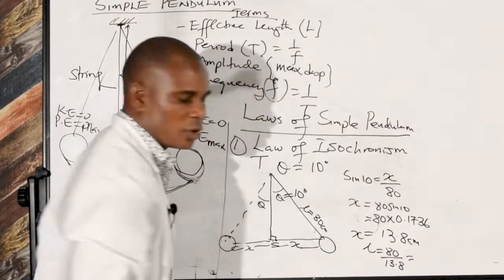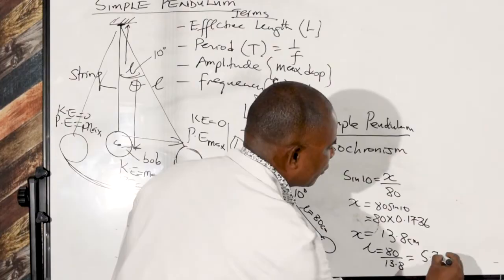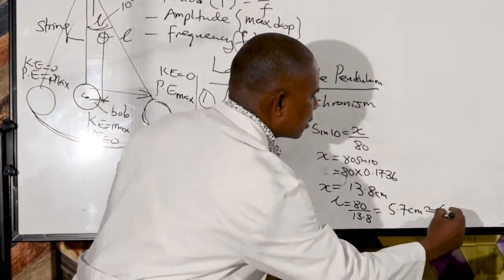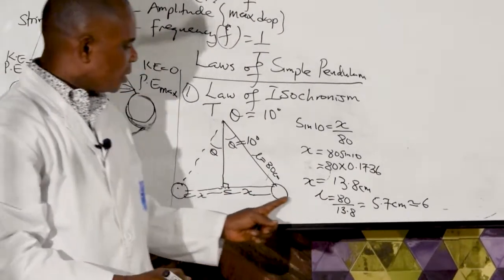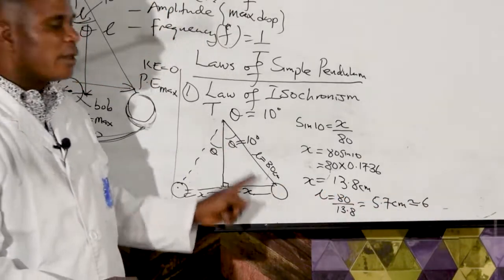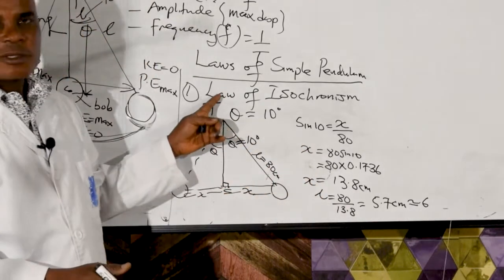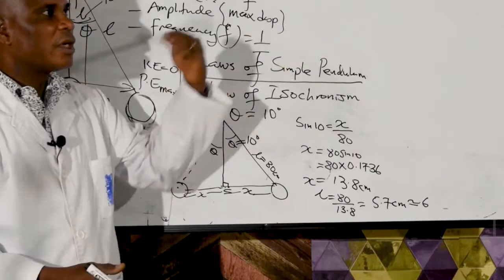If you divide, you have something like 5.7, which is approximately 6. So now it's telling you that if I displace the bulb 1/6 of the original length, then I'll be within that limit. I'll not be able to commit this crime here by extending the pendulum to a bigger amplitude.